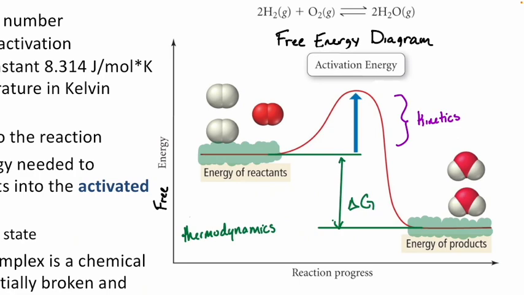So we introduced this qualitatively here, but there's actually a quantitative link between this activation energy and the rate constant for a reaction. This quantitative relationship is what's called the Arrhenius equation.